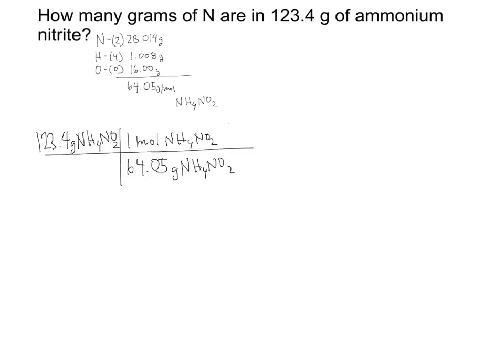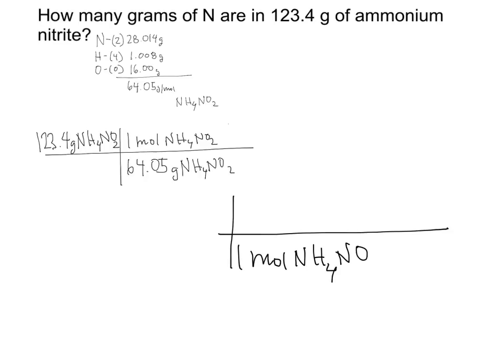Now, once we have it into moles, we're gonna use our molar ratio. So for 1 mole of NH4NO2, we have 2 moles of nitrogen.